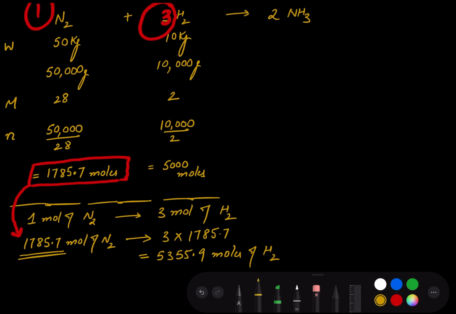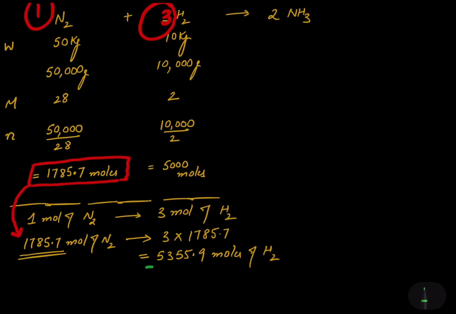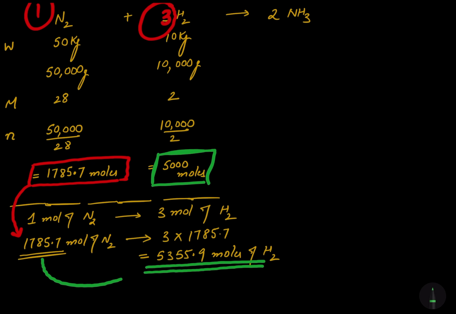Now just analyze our data. We require 5355.9 moles of H2 that will react with 1785.7 moles of N2, but in the question we were given only 5000 moles. For this number of moles of N2, I got this number of moles of H2 that will completely react, but in the question we were provided with only 5000 moles.